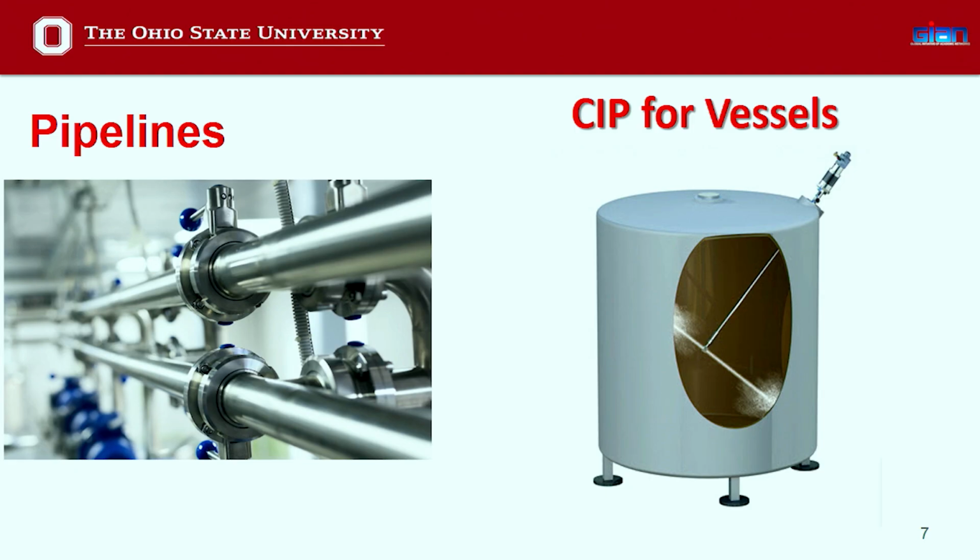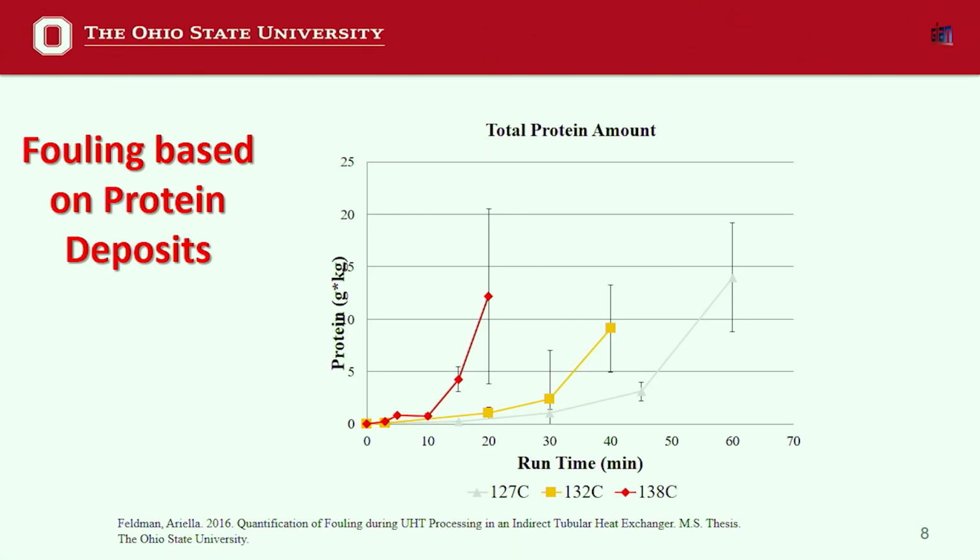The same way, when you have a big tank like this, how are you going to clean it, what needs to be done. So, this graph just shows how fouling progresses and is influenced by two things. One, how much time you are processing your samples. The second, at what temperature you are processing. As you can probably see here, if you are processing at 138 Celsius, the protein deposits aggregate much more and deposit as a thin layer much more quickly, in even 20 minutes.